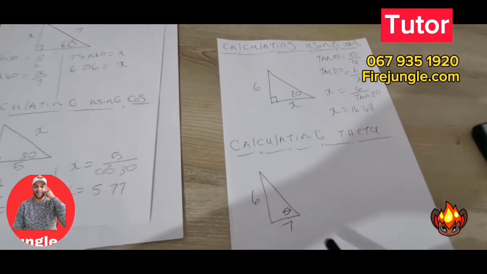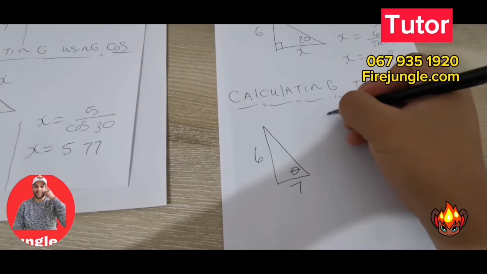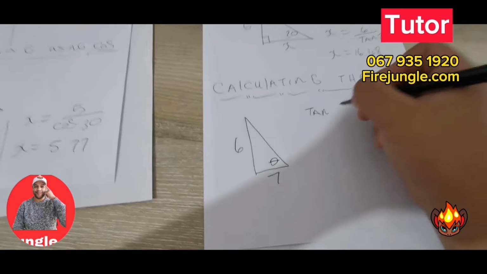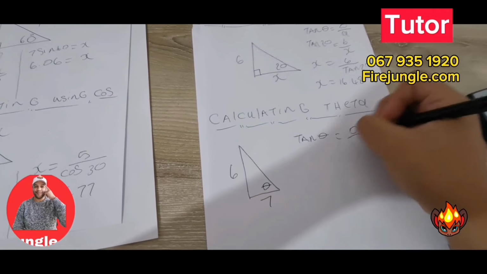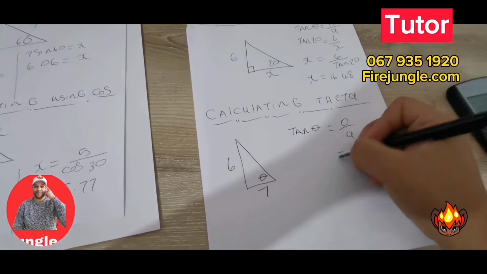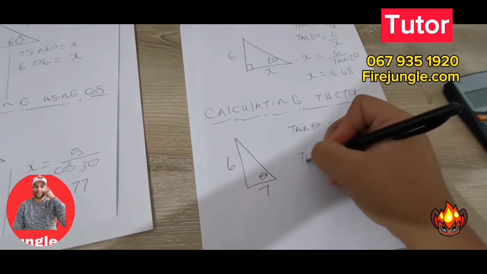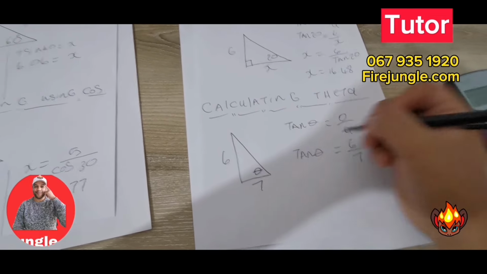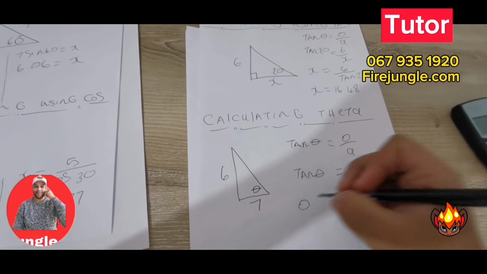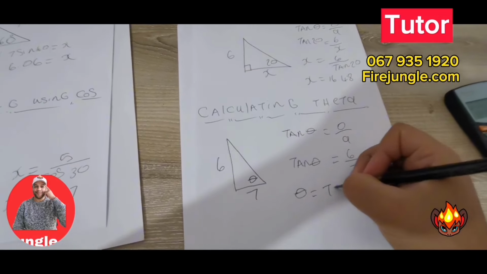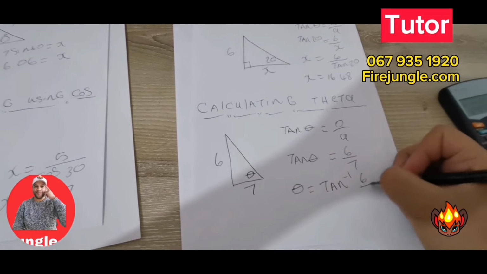Let's say, for example, we would like to find out how to calculate theta. We can use tan, and we said that tan theta is equal to opposite over adjacent, and that is equal to 6 over 7. So we can use the inverse tan to calculate theta. It looks like this: inverse tan of 6 over 7.